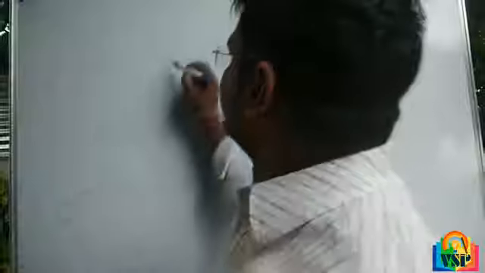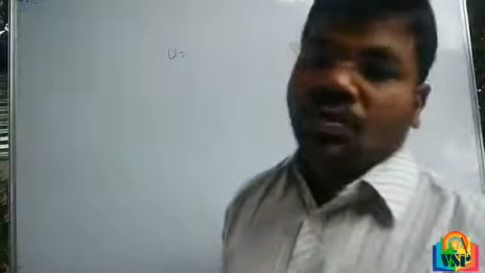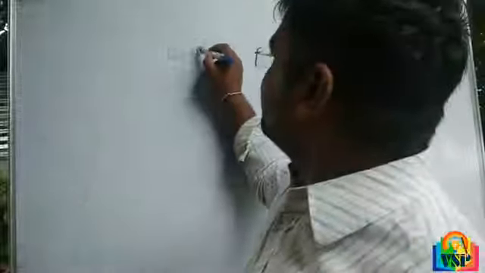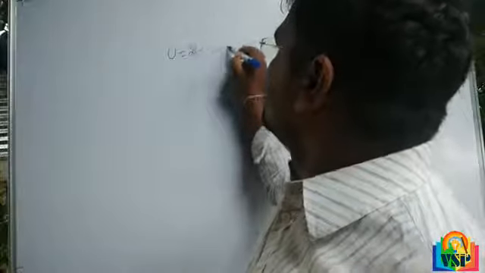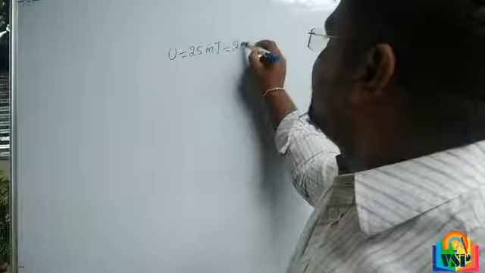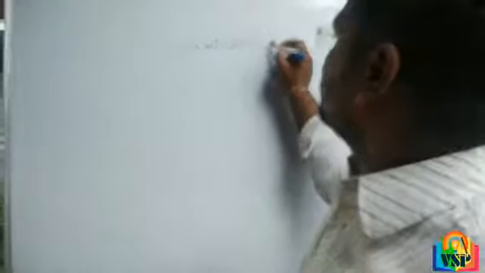In this problem they gave energy. Okay, so we have to find self inductance. They gave energy U is equal to 25 millijoules. Okay, 25 into 10 power minus 3 joules.